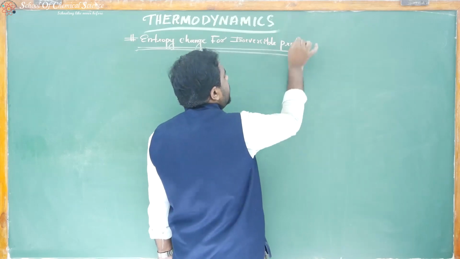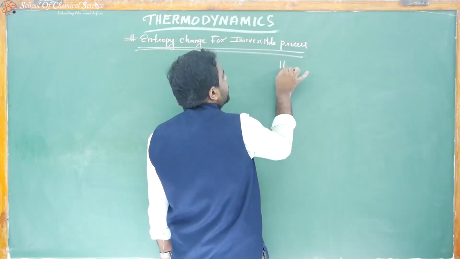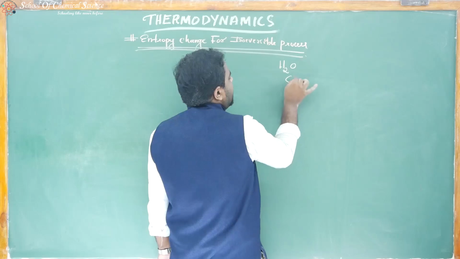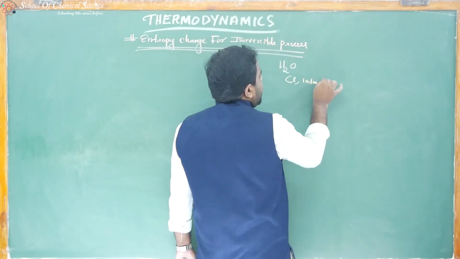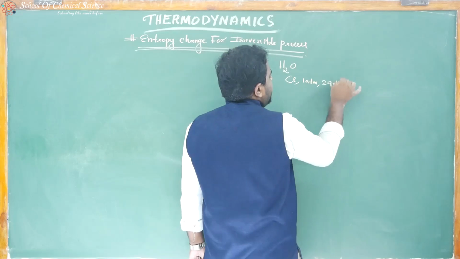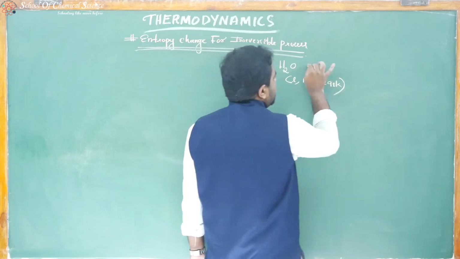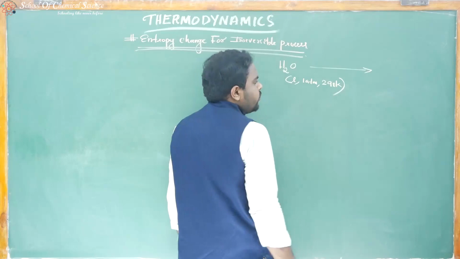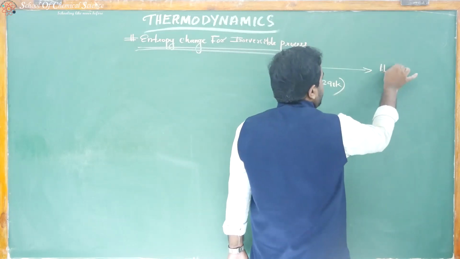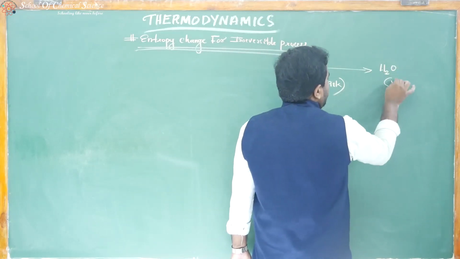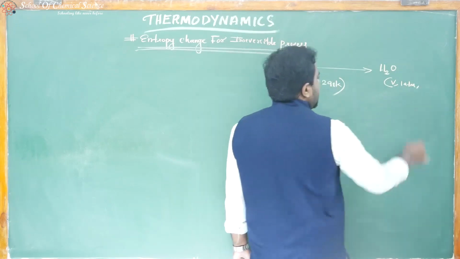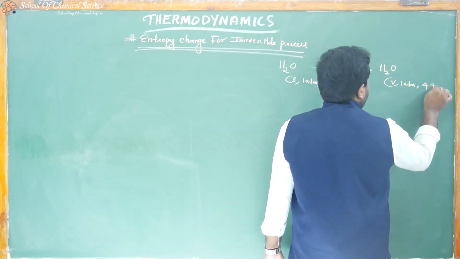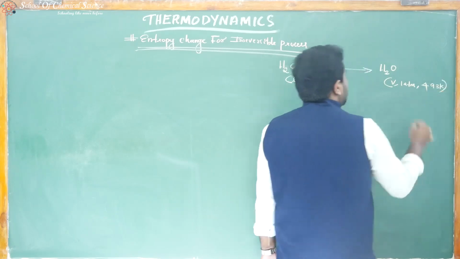H2O liquid at 1 atm and 298 Kelvin temperature converts into H2O vapor at 1 atm and 493 Kelvin temperature.